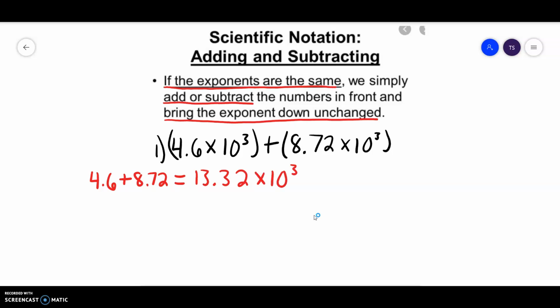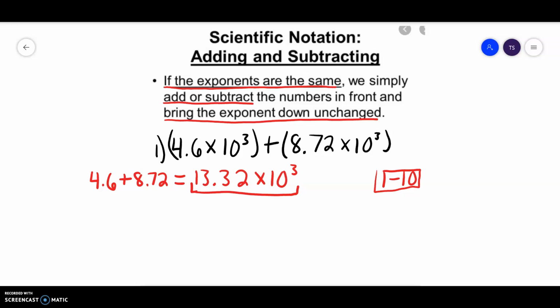Okay? So we have our added coefficient, and now we just bring the exponent down, times 10 to the third power. So this is what we have right now, but we want our answer in scientific notation. As we know, the coefficient has to be between 1 and 10, right? Is 13.32 between 1 and 10? No, it's not.